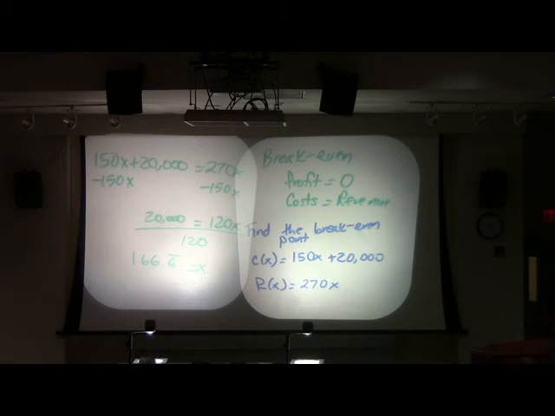I claim I have not answered the question, though. Okay? I want to know a value of x. What does x represent? Is this dollars? No, this isn't dollars. Isn't this the number of units? Yes. So, what would have to be our answer here? 166.